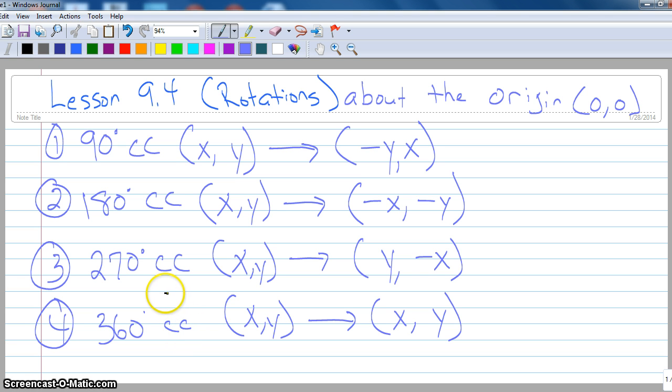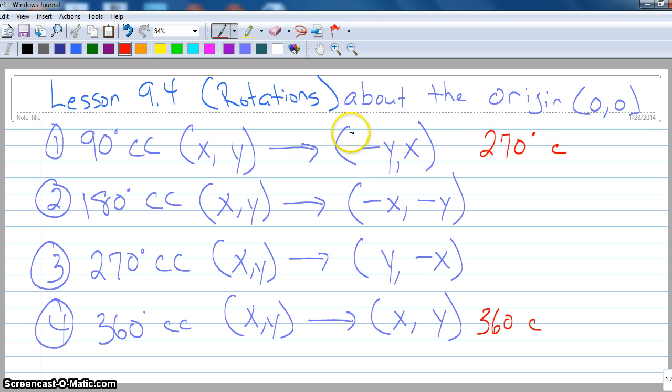We also talk about clockwise, and I want to throw it in there sometimes just to confuse you, because it's fun and because you need to know it. This is the same as 360 degrees clockwise. You use the same rule for 90 degrees counterclockwise for 270 degrees clockwise.